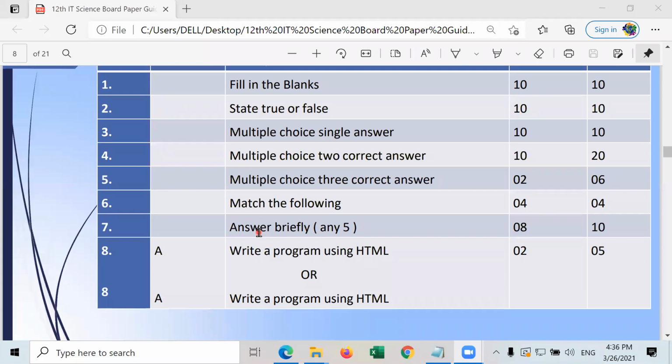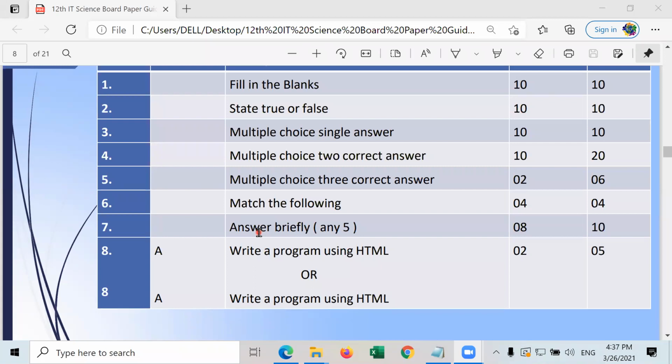There are many softwares and websites which will help you to boost your typing speed. Remember, if your typing speed is not good, you will not be able to cover your IT paper. So that is about question number 7.